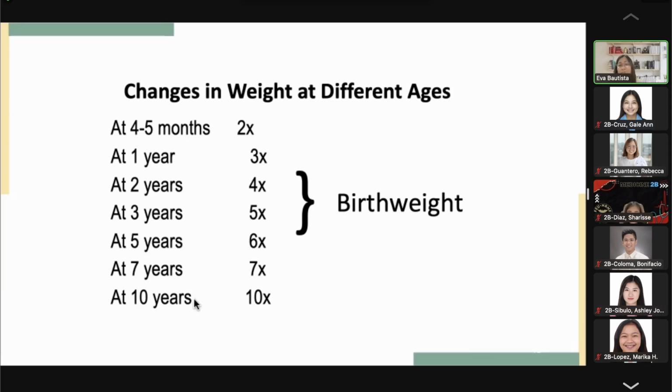And we expect them at 10 years old to be 30 kilograms. At 1 year, we expect the weight to be 3 times the birth weight. So it's 3 kilos times 3, around 9 kilos.